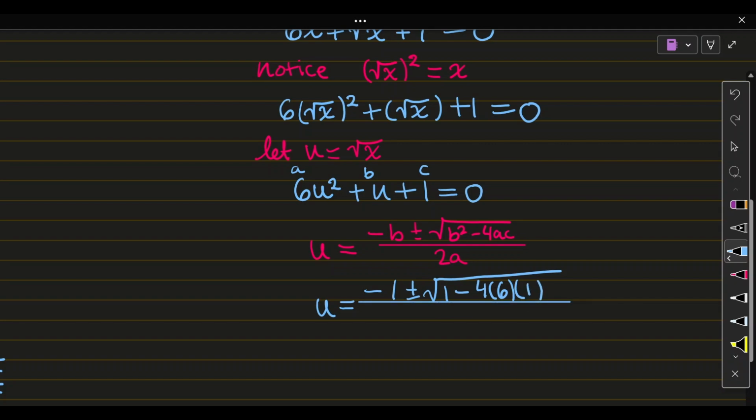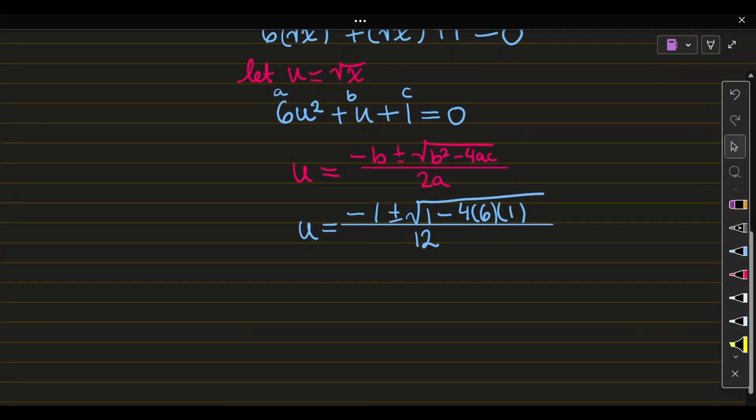And in this case, a is 6, so I have 2 times 6, which is 12. So this tells me that u is equal to negative 1 plus or minus the square root. Okay, 4 times 6 is 24, so 1 minus 24 is negative 23 over 12.